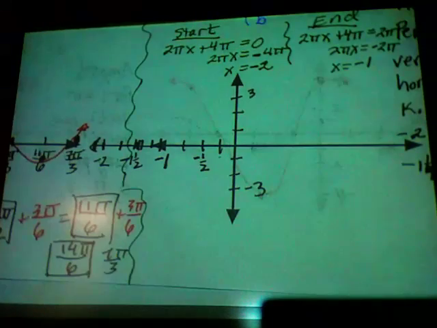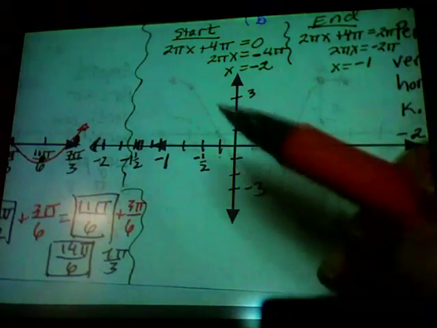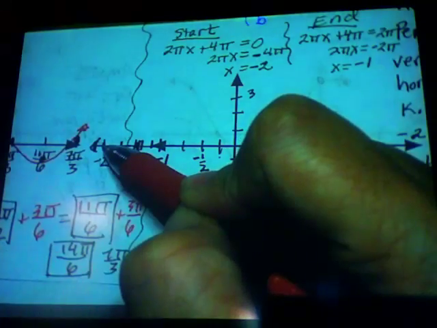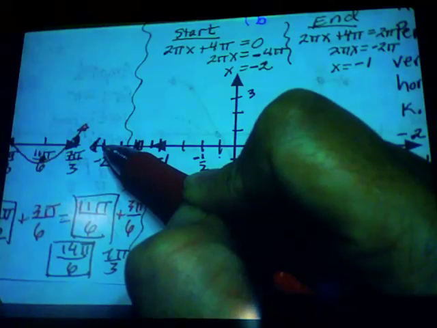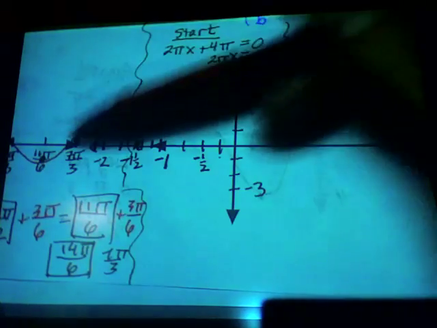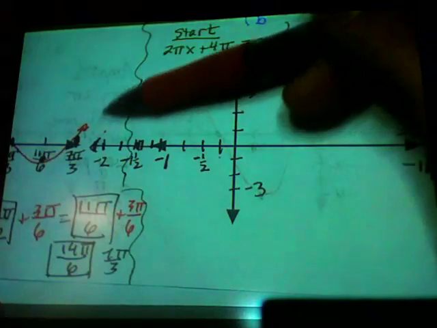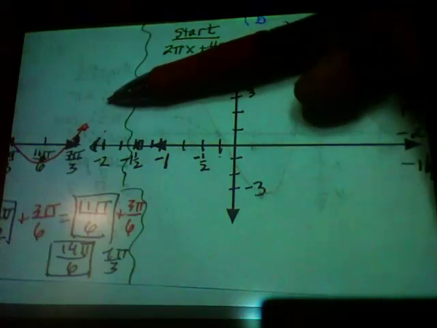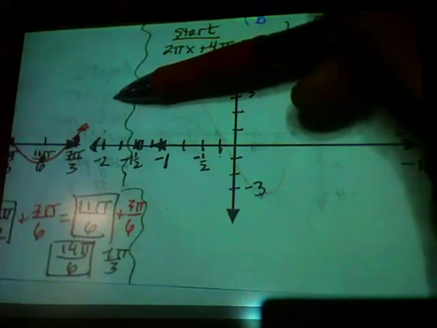So, at our first point on the cosine, the very leftmost point, do we start at 0 or 1 normally? We normally start at 1. But because of the amplitude, we're going to go up to 3, correct? But aren't we reflecting it? So we're going to go down to -3.